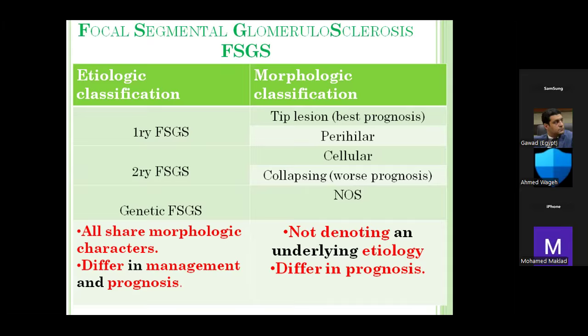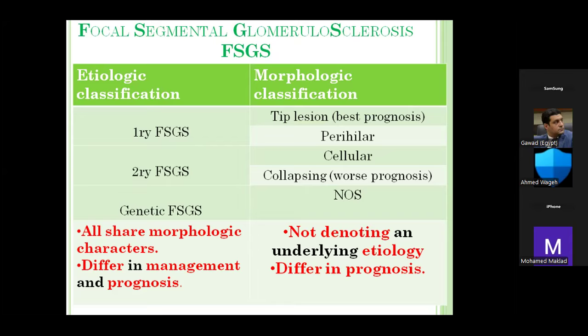And all of these classifications, with all that I have just said about what they are famous for, do not denote an underlying etiology and differ in their prognosis and regarding their response to therapy and treatment.